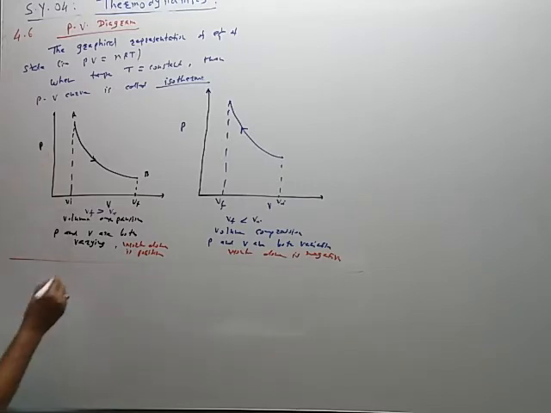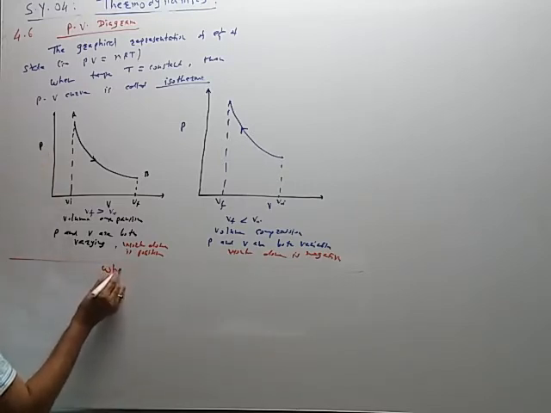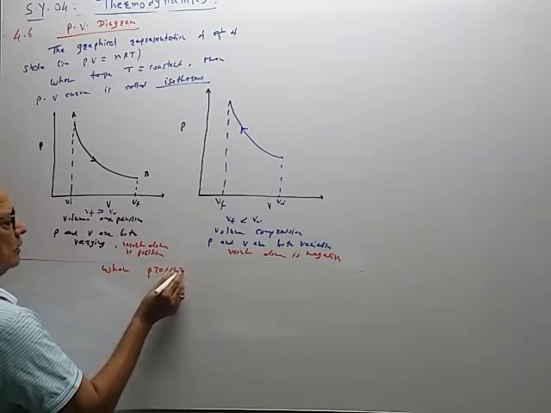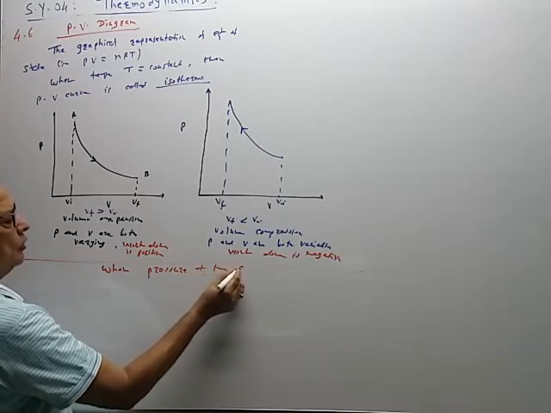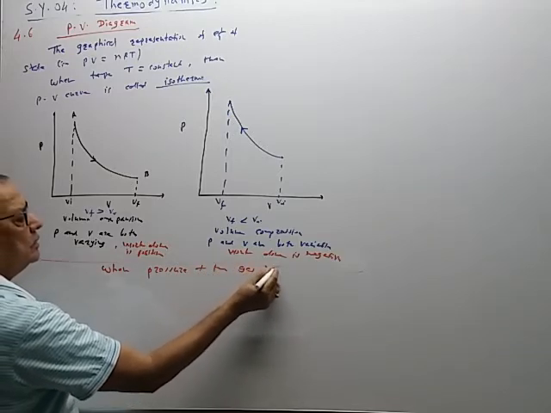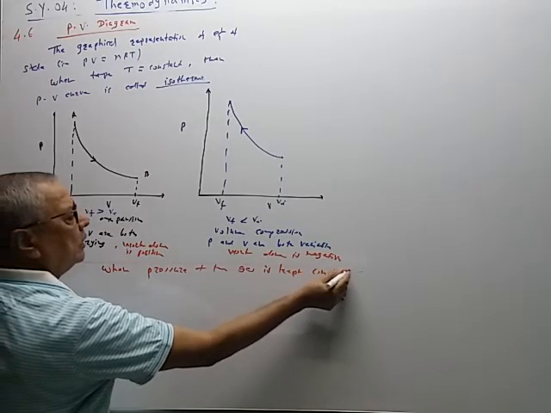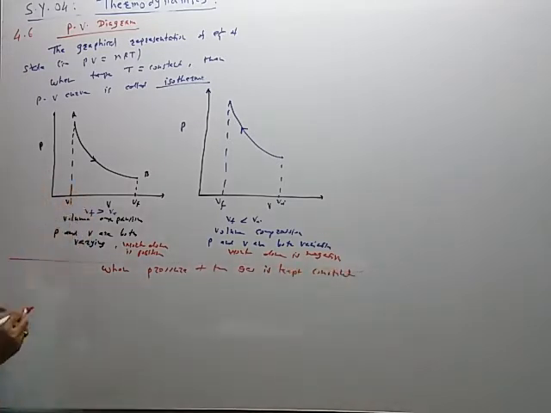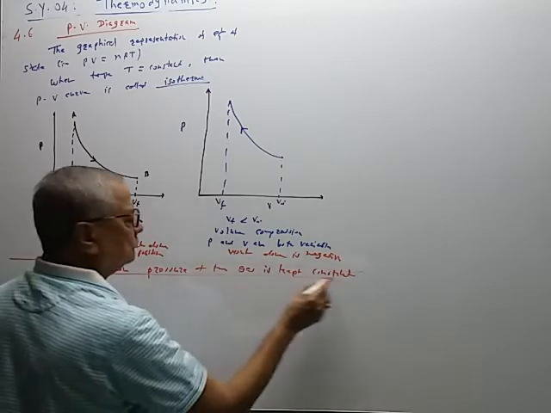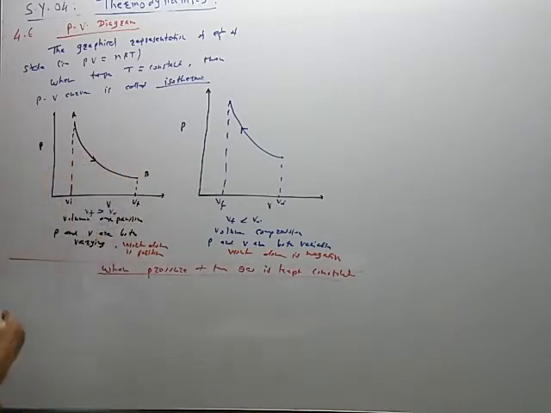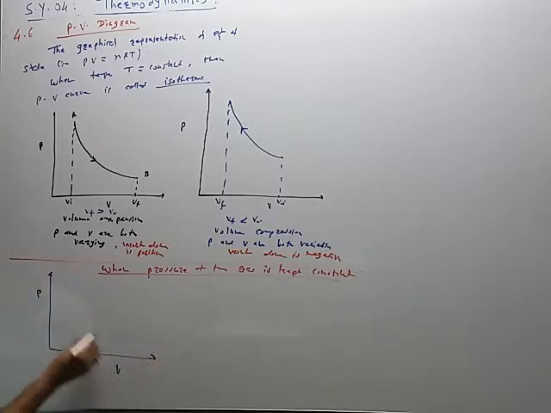Pressure is kept constant. When pressure of the gas is kept constant, now the PV diagram will look like this. Pressure against volume.